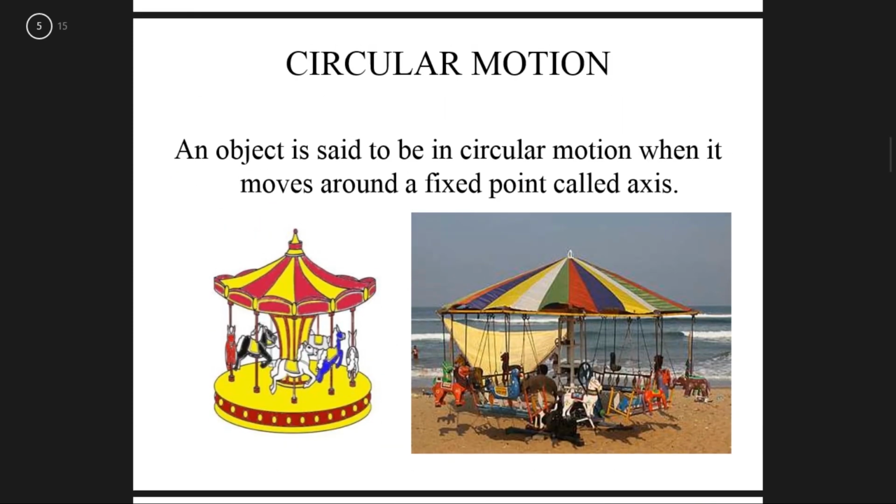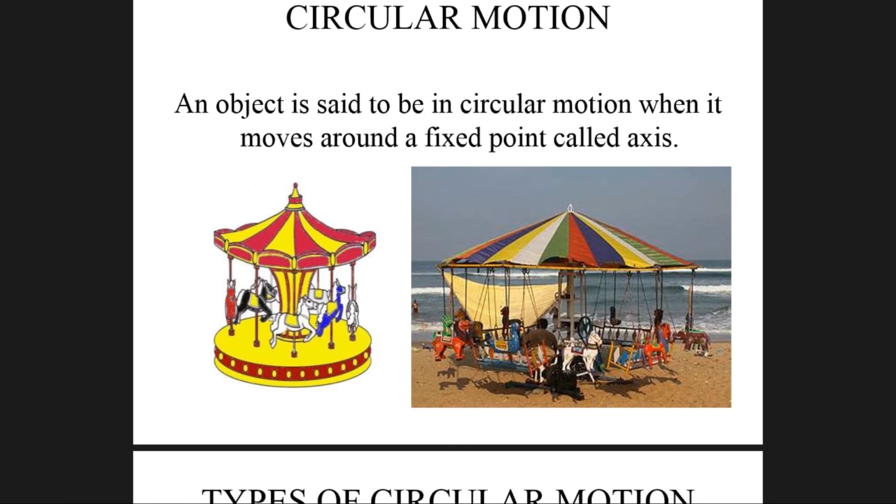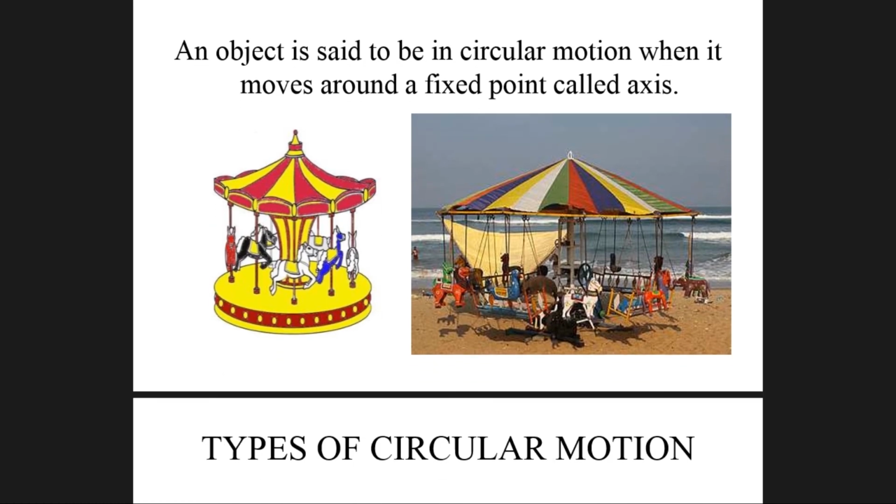The other type is circular motion. An object is said to be in circular motion when it moves around a fixed point called the axis. Like in this example, you can see that children are moving around.